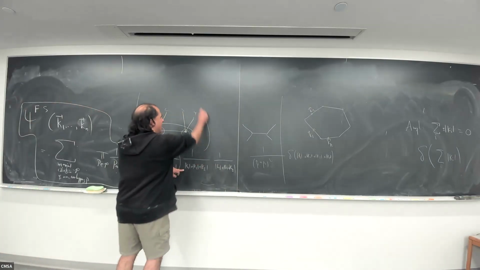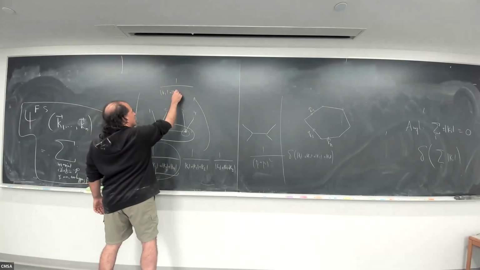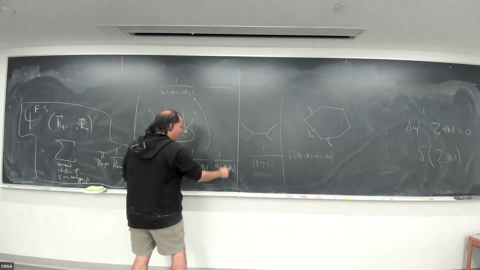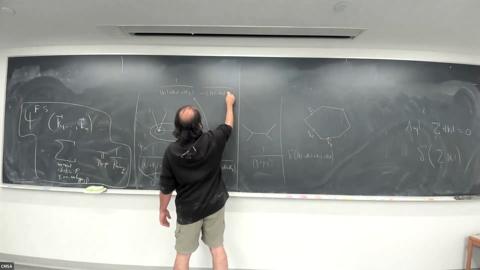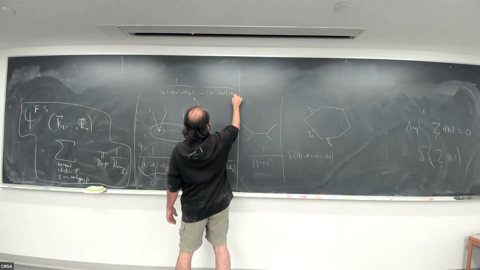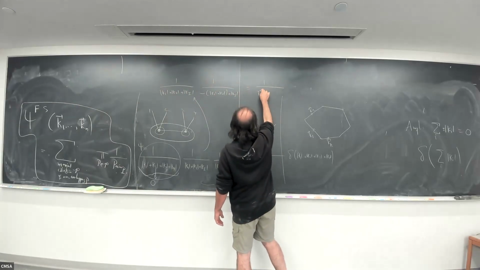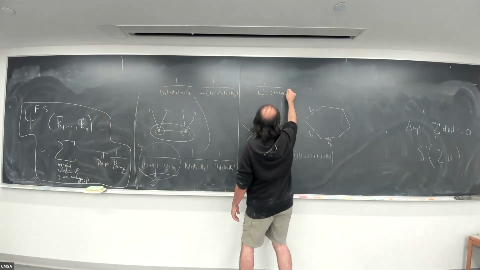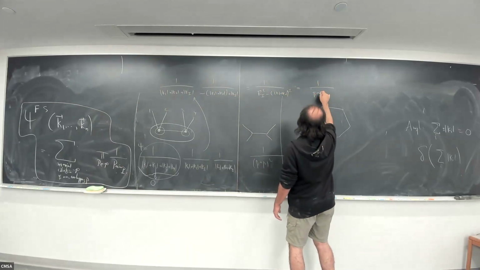So if I look at what's left, I have 1 over k1 plus k2 plus k intermediate, and 1 over k3 plus k4 plus k intermediate, but that's negative k1 plus k2 plus k intermediate. Well, that's 1 over k intermediate squared minus k1 plus k2 squared. And by golly, that's exactly 1 over p1 plus p2 squared.